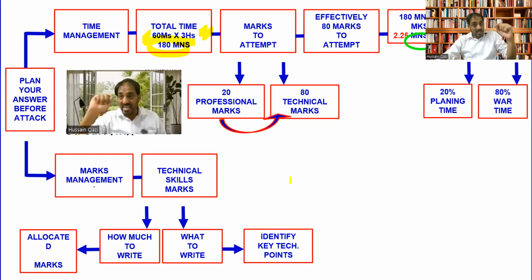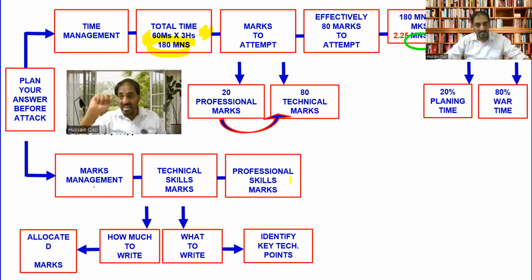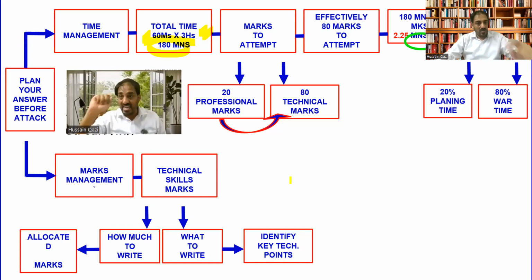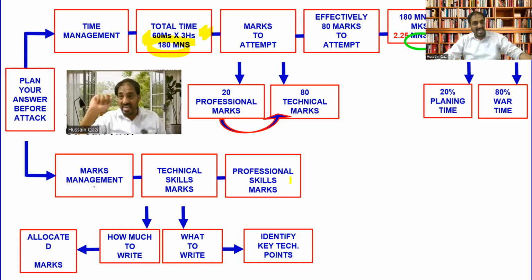If you are in a hurry and attempting the question without planning, you will not be able to develop a quality answer. Now, first thing is technical marks. So you have to think about what technical marks I have to cover here. Then you have to consider what professional skill marks I need to incorporate.